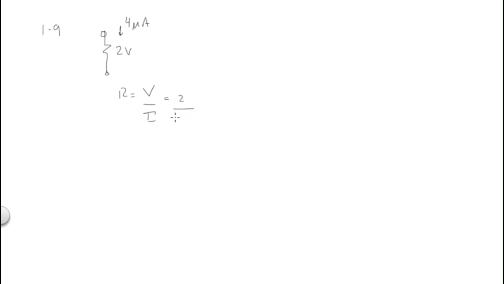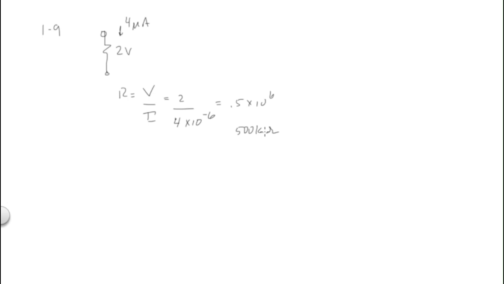Is 2 over 4 times 10 to the minus 6th. So what is 2 divided by 4? 0.5, right? Times 10 to the 6th, or 0.5 megaohms, or 500 K ohms. 500 times 10 to the 3rd ohms. So that's the answer to number 9.